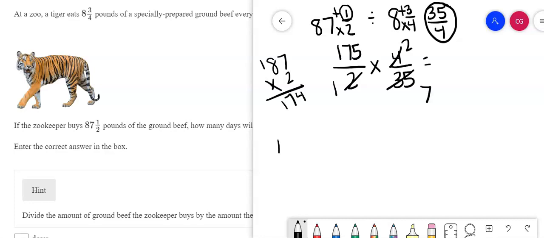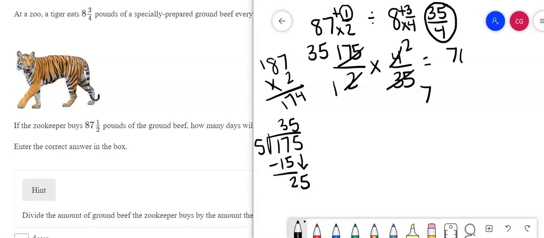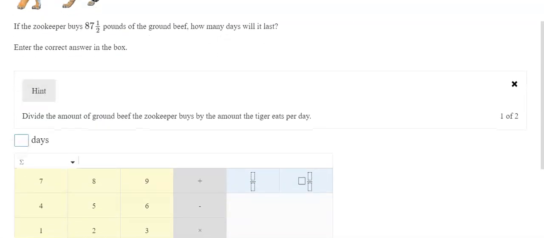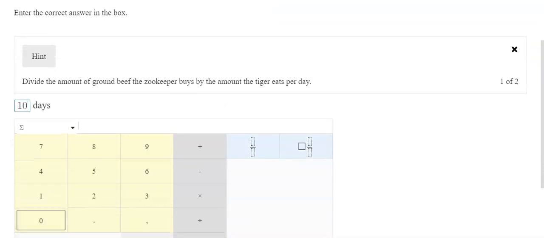And 5 goes into 175, 35 times. So 35 times 2 is 70. 1 times 7 is 7. So 70 over 7 equals 10. So it'll last 10 days.